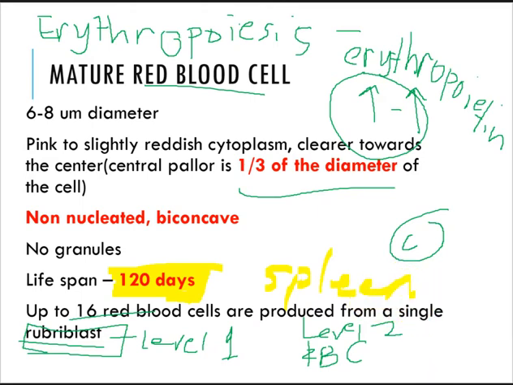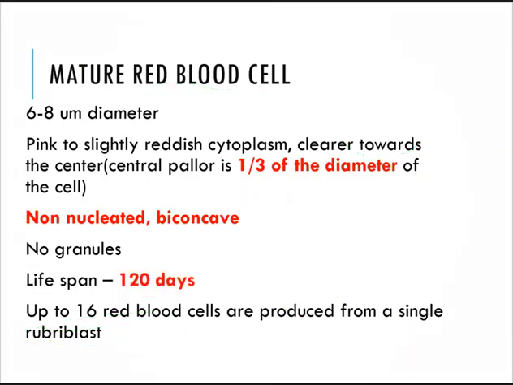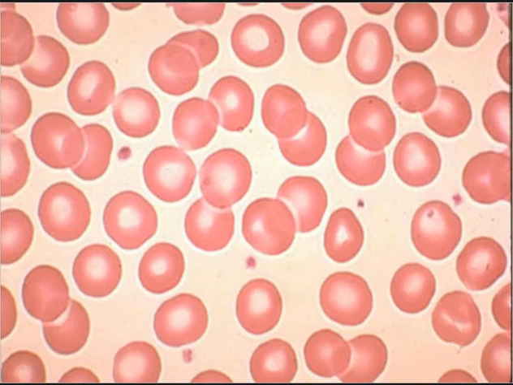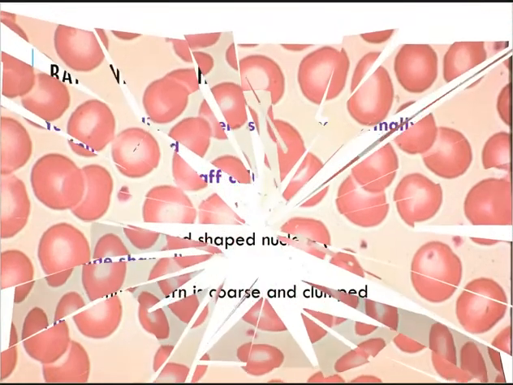Okay, as you can see, this is your RBC, central pallor, pink to slightly reddish cytoplasm.